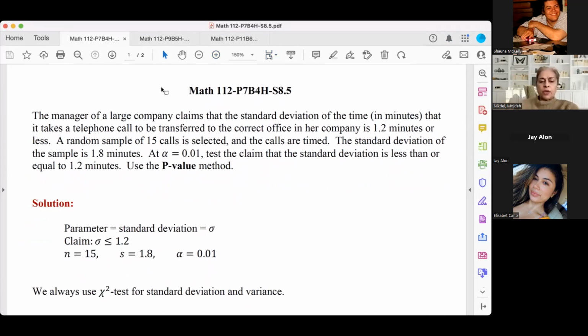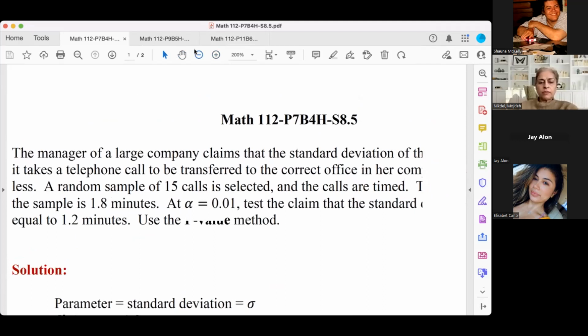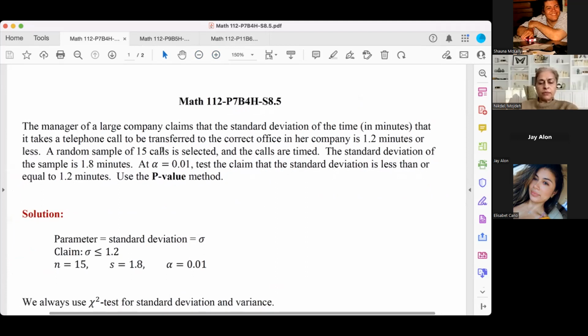So first of all, since we are talking about the standard deviation, the parameter is the standard deviation sigma. And the claim is that sigma is less than or equal to 1.2, because it says the standard deviation of the time is 1.2 minutes or less.